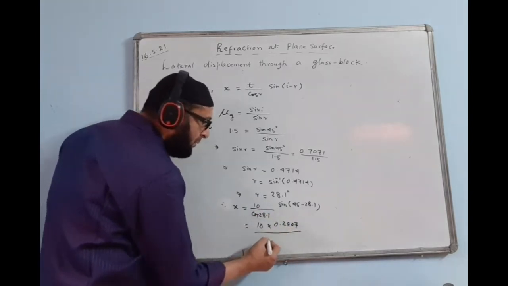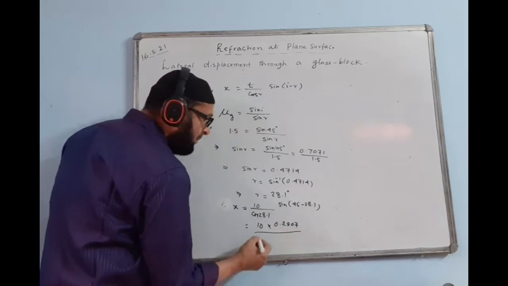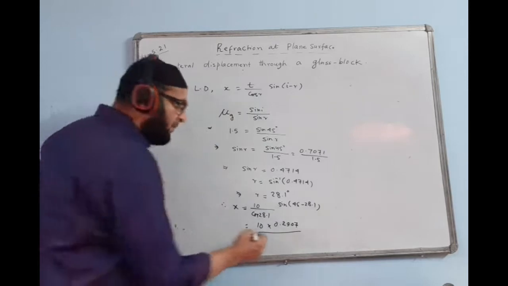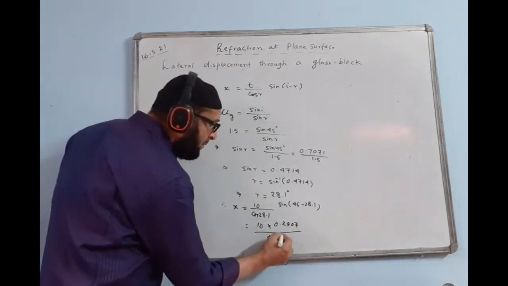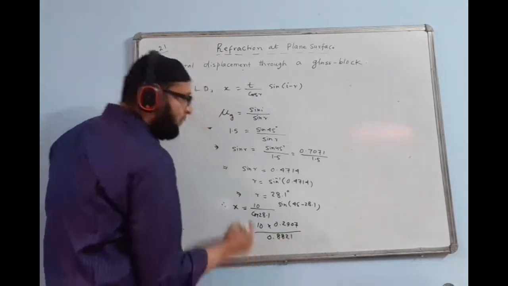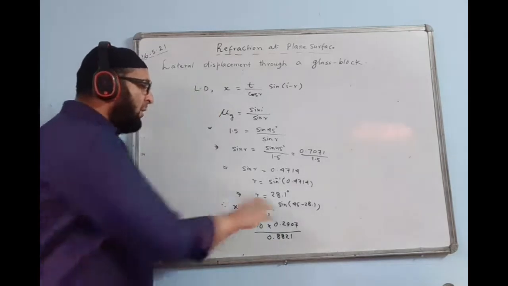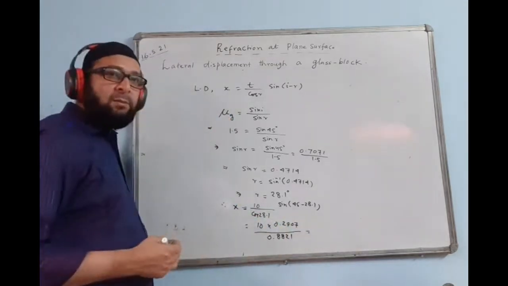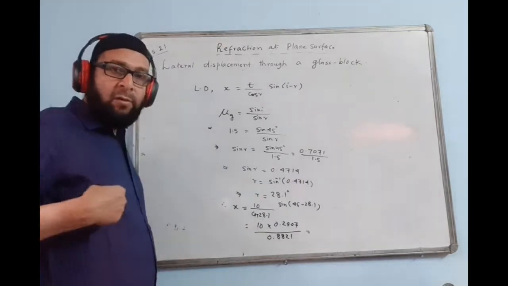Cos 28.1 is 0.8821. Four decimal places you should write. Now calculate the entire thing and write down the answer here, at least in one decimal place after rounding off.